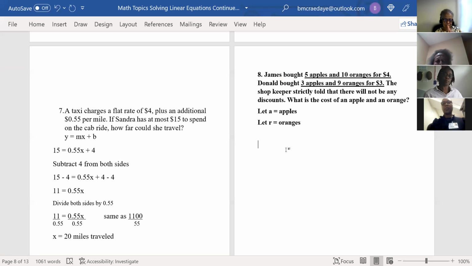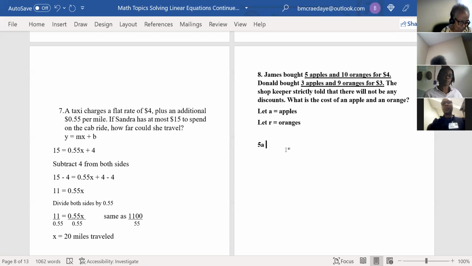James, give me James' equation. James is 5 apples, 10 oranges. So if A is apples, what would I write? The amount of apples, so what would that be? 5. Okay, so it'd be 5A, and that means we're adding.